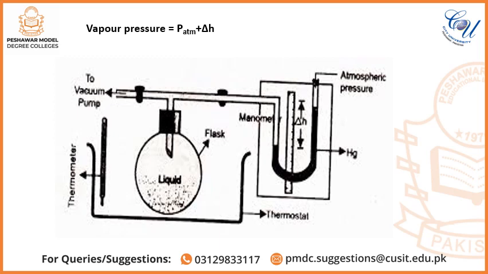Dear students, after some time there will be no change in both limbs of the manometer. After that we can measure the vapor pressure of the liquid with the help of this formula, that is, vapor pressure of a liquid is equal to atmospheric pressure plus delta H. Dear students, delta H is the change in the mercury column at the left limb of the manometer.